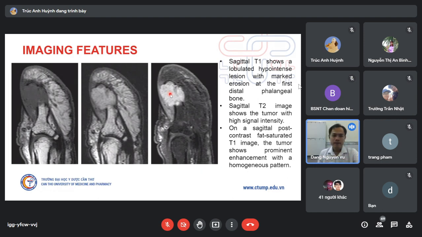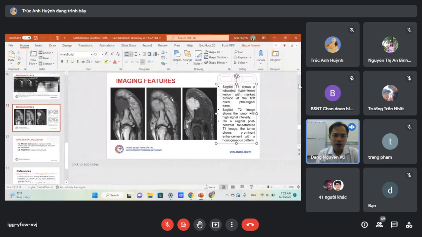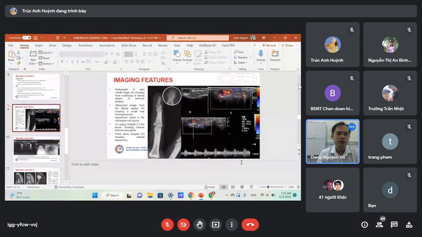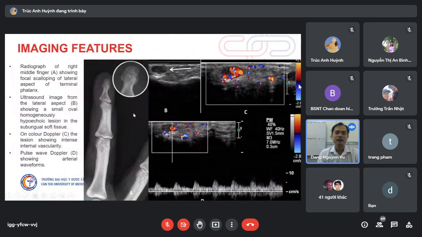Can we see the radiograph, the X-ray again? Yes. To me, it's difficult to say it is normal, because you already have the finding on ultrasound, so you review it back and you can tell. But initially, with the radiograph, it's difficult.